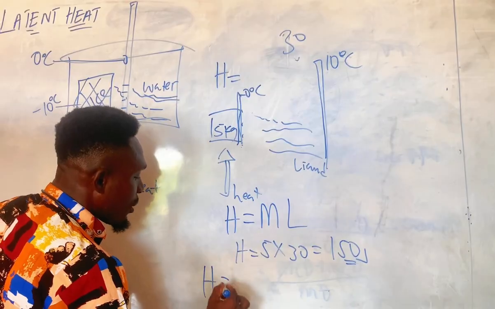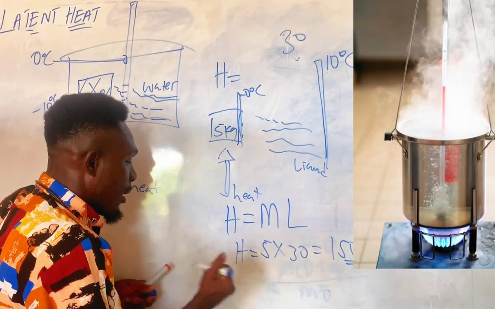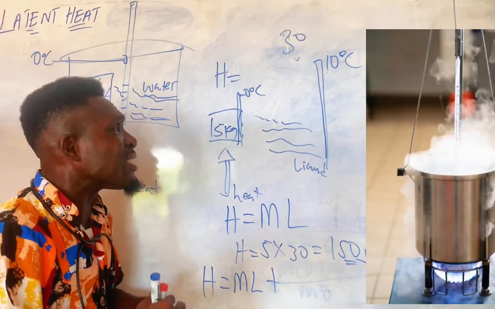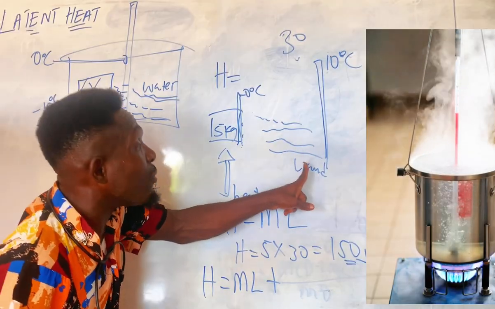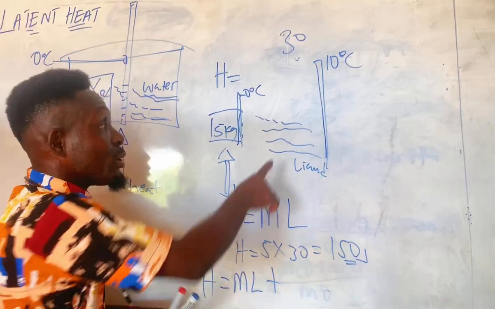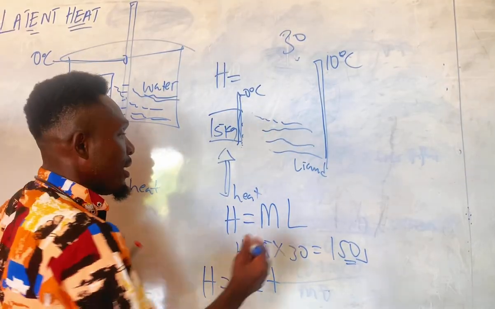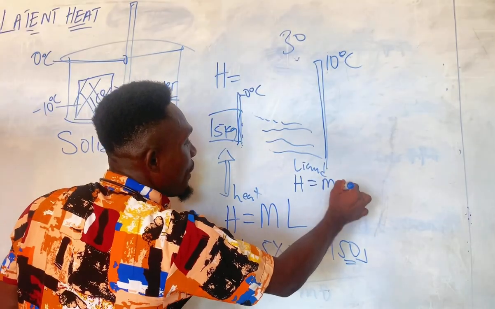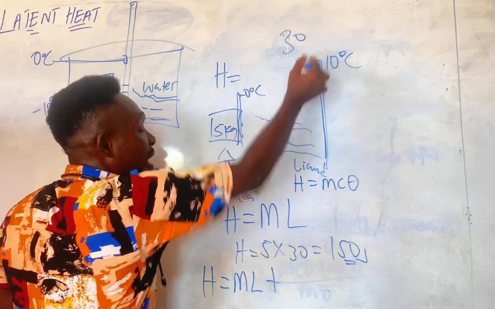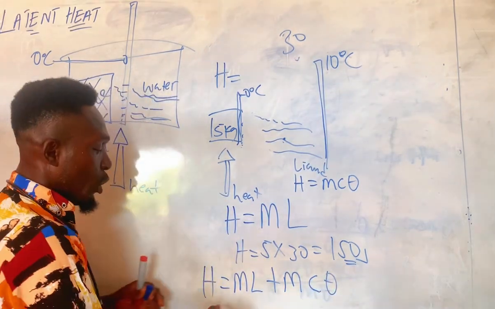The heat supplied was the heat that was needed to melt it, which is mL, plus the heat that was needed to change this liquid from 0 degrees Celsius to 10 degrees Celsius. And in this case, remember, it is no longer ice, it is now water. And remember, heat supplied equals mc theta. So plus the heat required to change this water to 10 degrees Celsius is going to be mc theta.